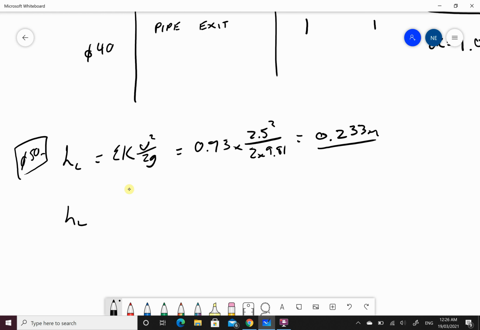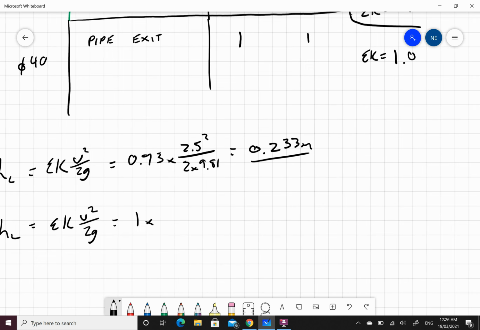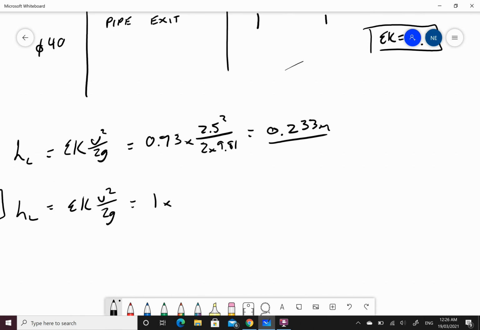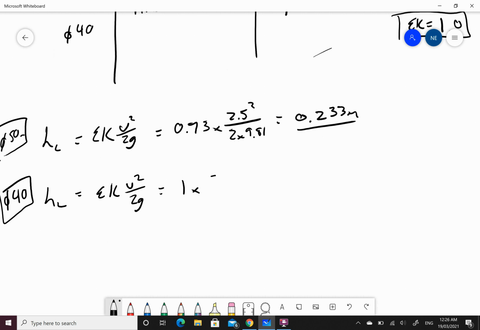Now my head loss due to fittings in my 40mm diameter pipe. Sum of K V squared on 2G. 1. I got 1. That was our K that we worked out over here. Alright, V, this is V2, this is V1. 3.9 squared all over 9.81.